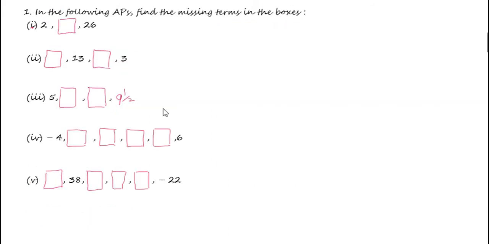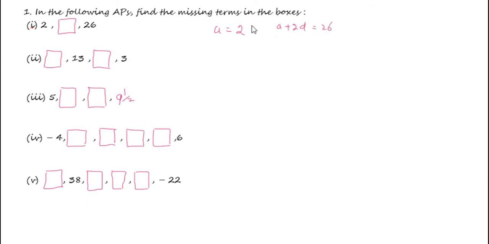First one, in these cases, a few terms are given. In between, some terms are missing. We need to find out those terms. First one, 2 and 26. The first term is A, A equal to 2. This is A plus D. This is A plus 2D. So A plus 2D equal to 26.